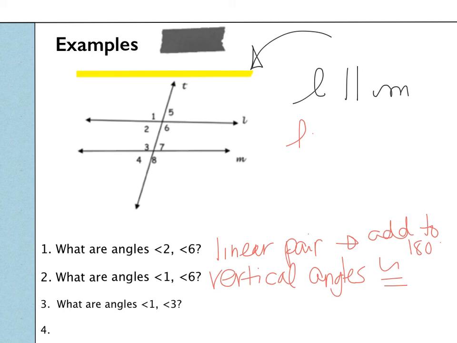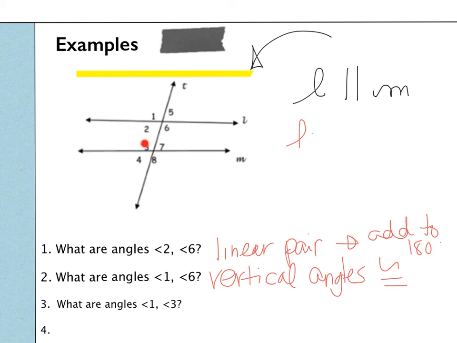And number 3 says, what are the angles 1 and 3? So here's 1, and here's 3. And we look, they're on the same side of the transversal, so they're consecutive something or same side. And if we look at them, up here's 1, here's 3, but they're not both inside the parallel lines.